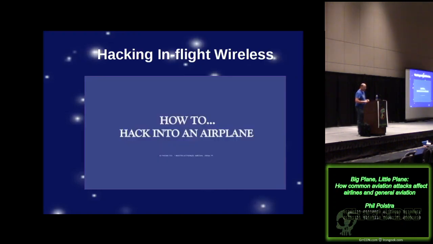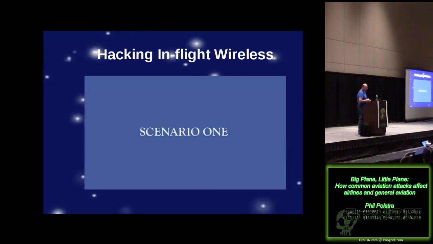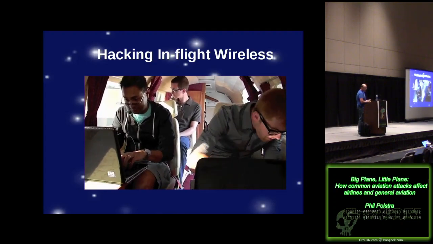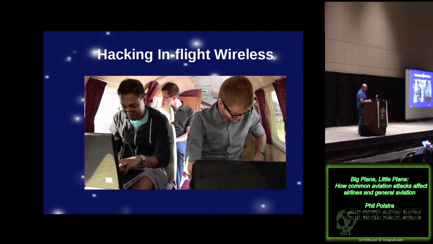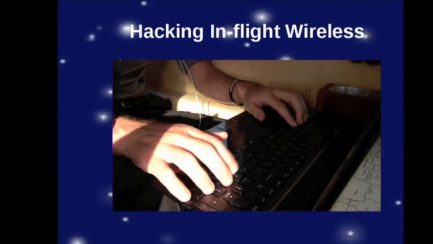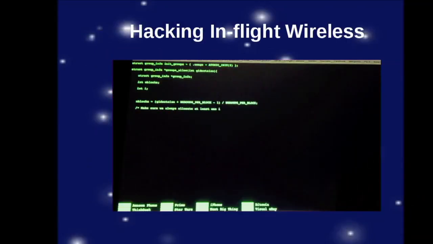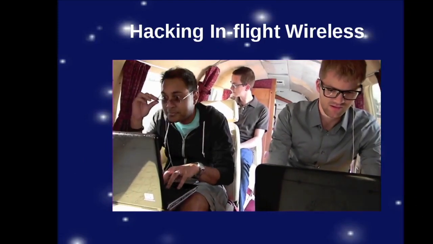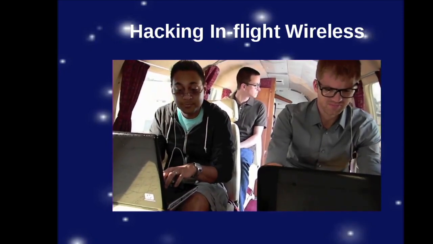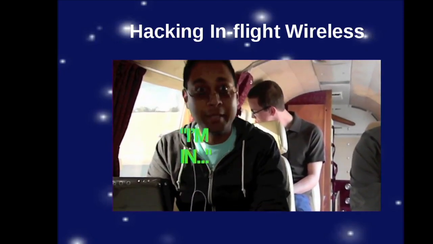Hello, and welcome to How to Hack Into and Take Control of a Commercial Airplane. Step 1. When trying to get access to the plane's navigation system, try to utilize the plane's in-flight entertainment system. This is near to impossible, but with enough typing and hacker buzzwords such as "I'm in."